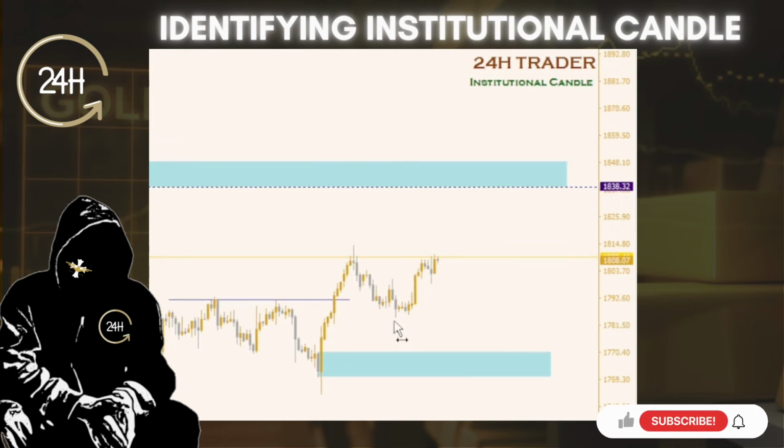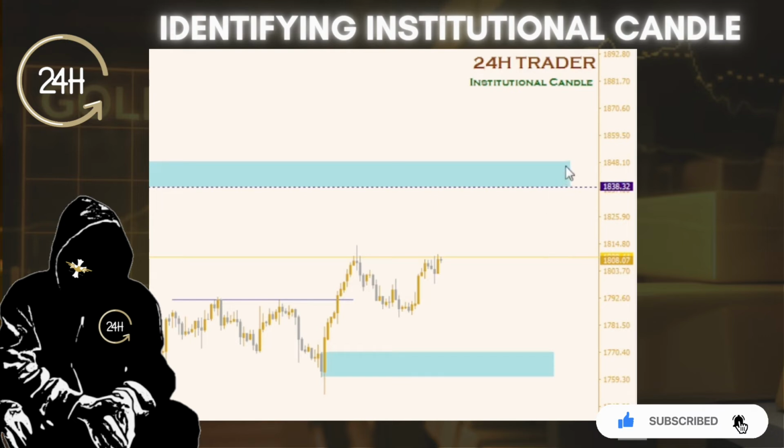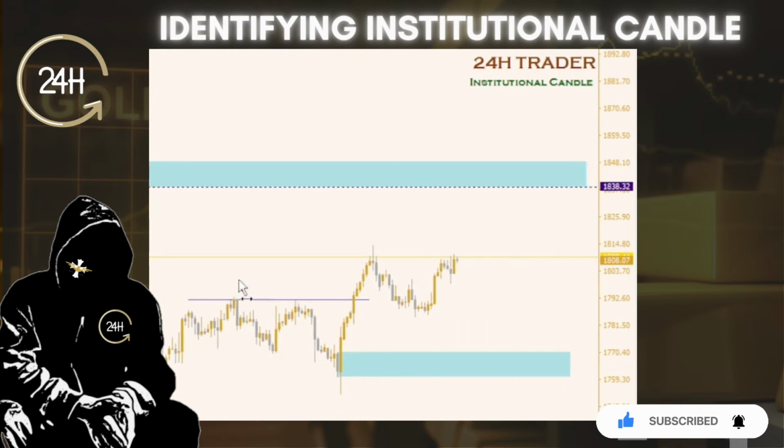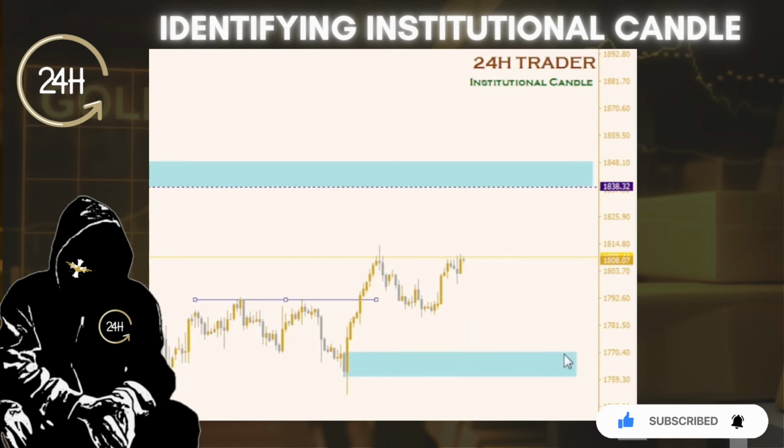And if you see also down here, there is also the last bearish candle before a strong bullish move. That one day the market will pick also, because it's a confirmed institutional candle with a break of structure right there.